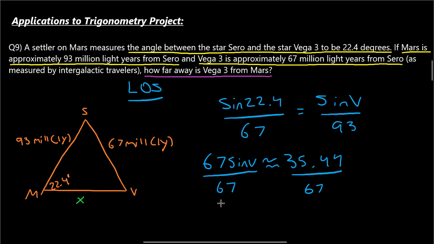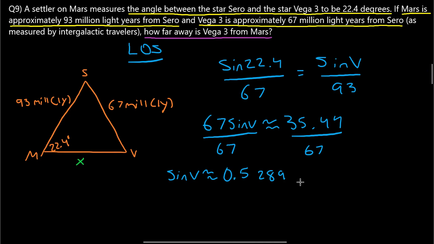We're going to be left with the sine of V roughly equal to 0.5289. And in order to get V by itself, we do the inverse of sine.